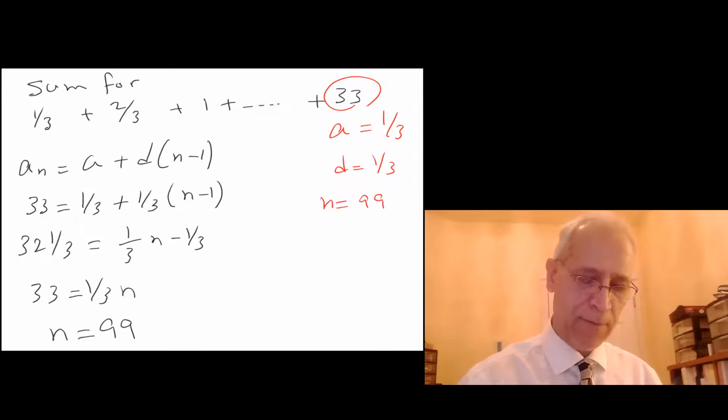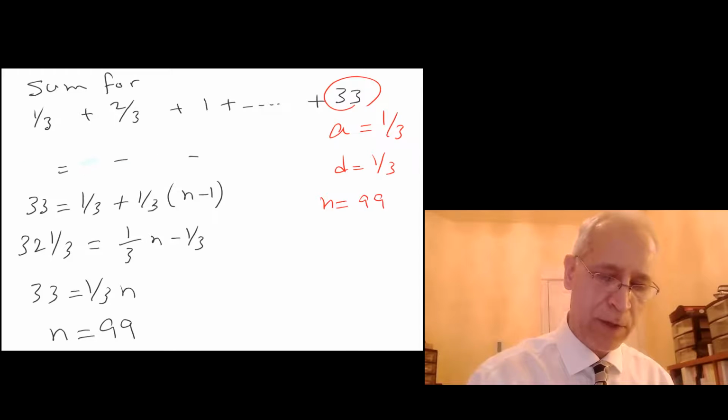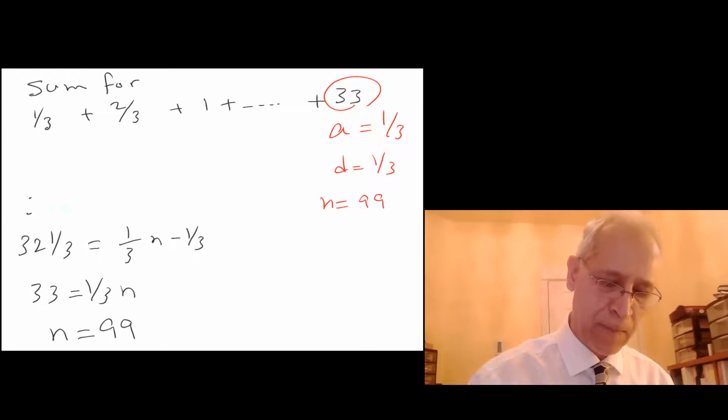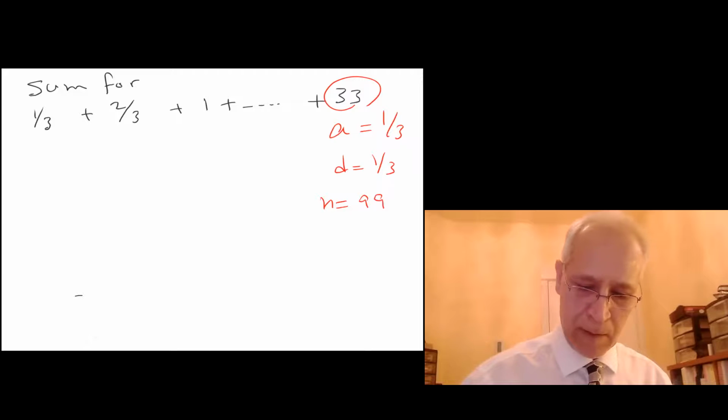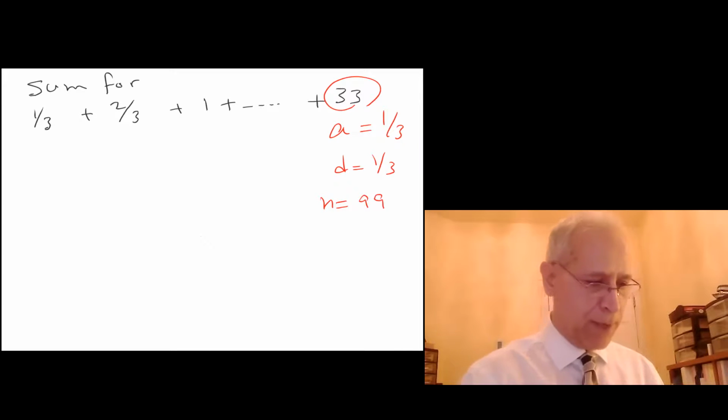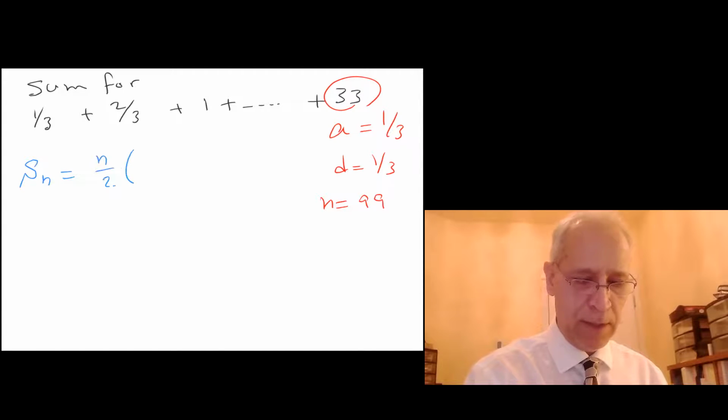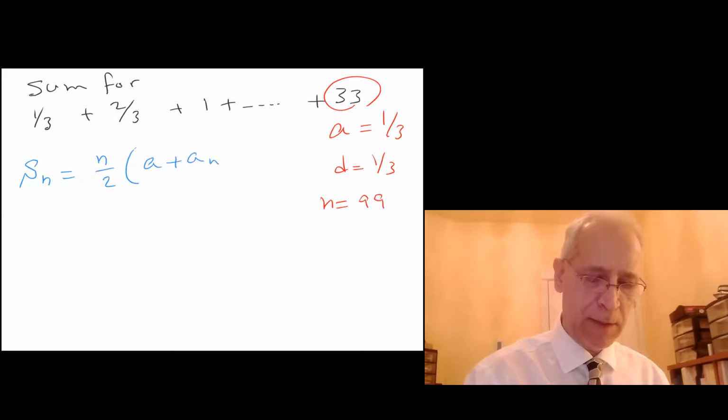So now I'm going to go ahead and find the partial sum. S sub n equals n over 2 times (a plus a sub n).